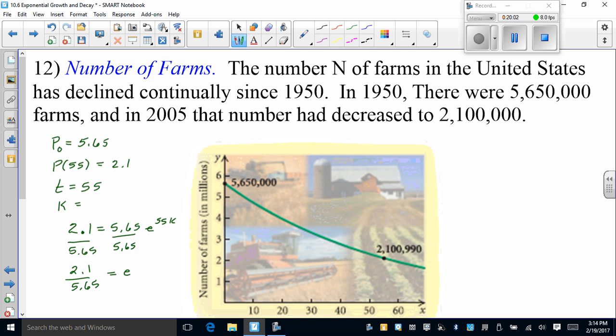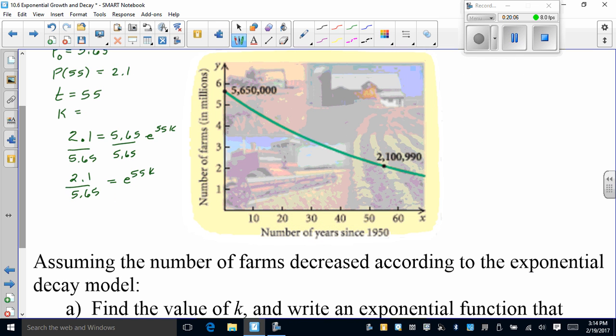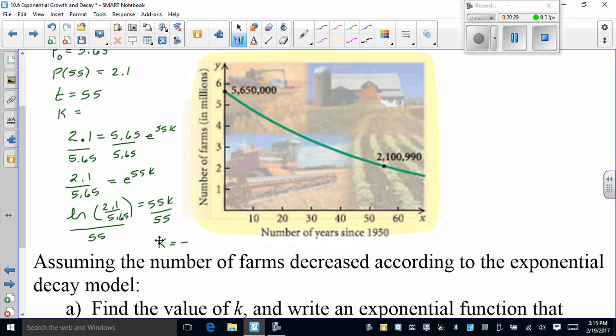Do our natural log thing. So natural log of 2.1 over 5.65 equals 55k. Divide by 55, and we get a k value of negative 0.018.